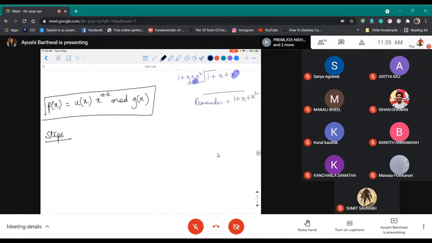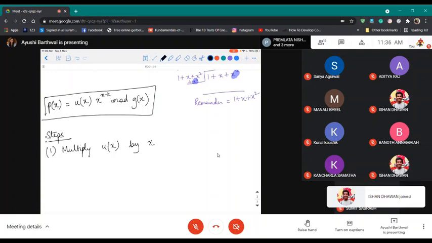So the steps to find the parity polynomial are: the first step is you will be given your data polynomial and generator polynomial, so you have to multiply u(x) by x raised to the power n minus k.